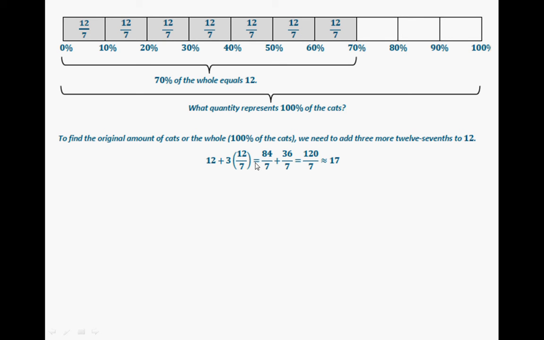Well, 3 times 12 sevenths is 36 sevenths, and 84 sevenths is 12. So when you add those together, that's 120 over 7, or again, approximately 17. So the decrease was given as approximately 30%, so there must have been about 17 cats originally.